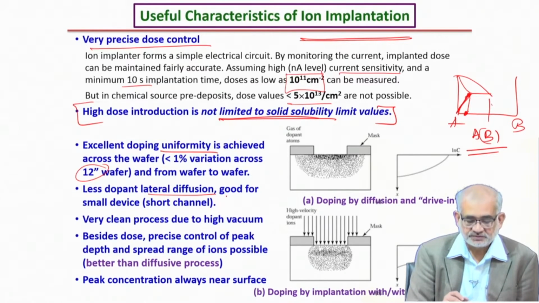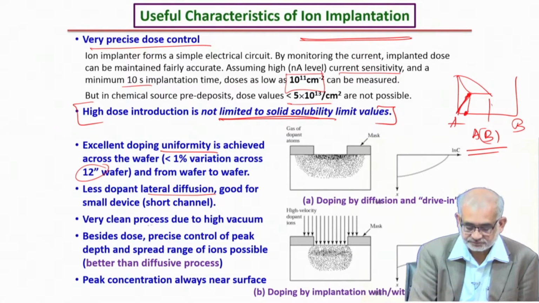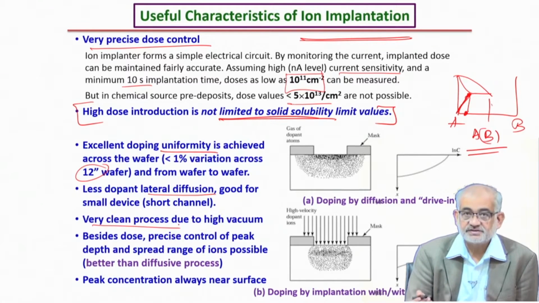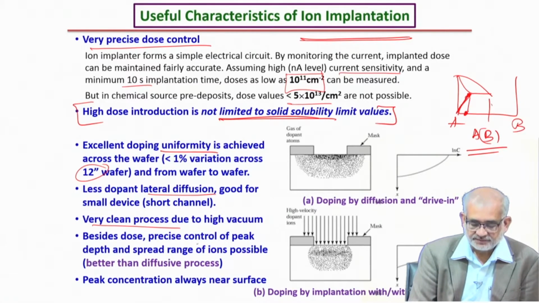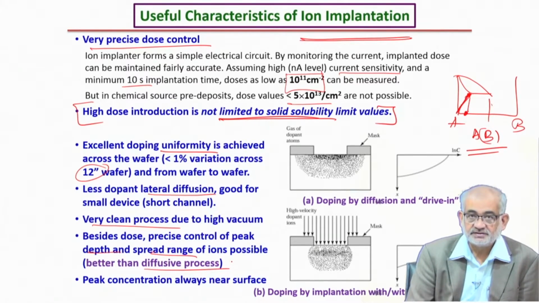Also, there is a short channeling effect. It's a very clean process because you are dealing at 10 raised to minus 11 torr or even higher amount of vacuum, so practically no gaseous molecules present. Also the peak depth and spread both can be very precisely controlled and better than the typical diffusion or thermally activated process.